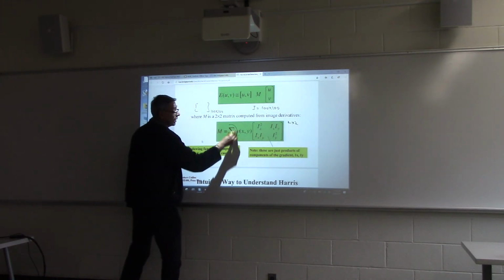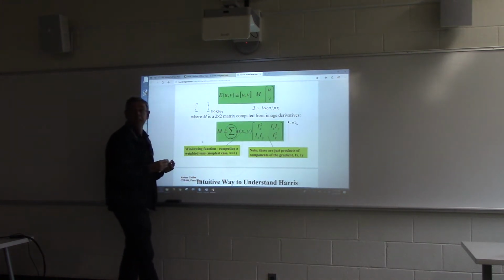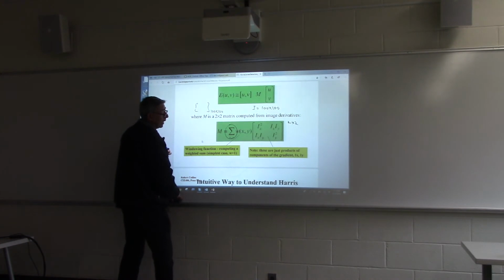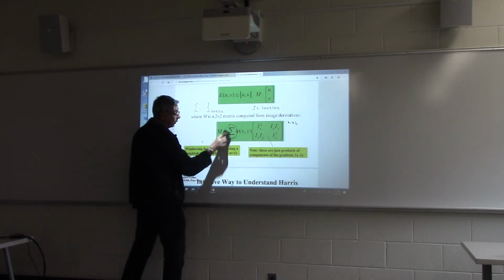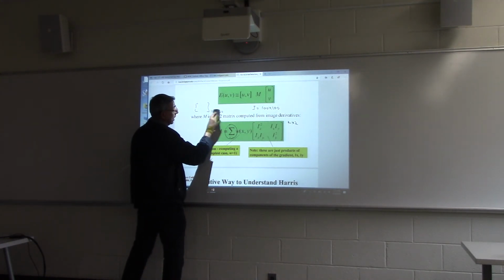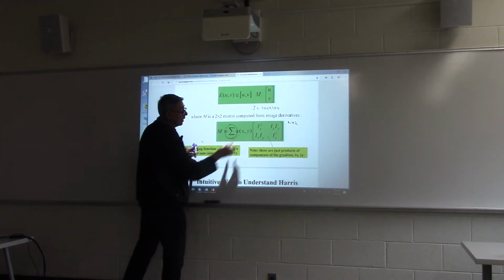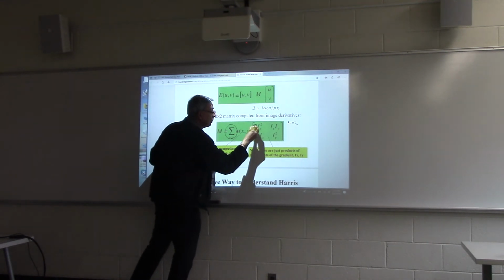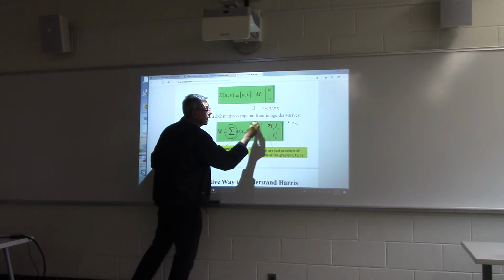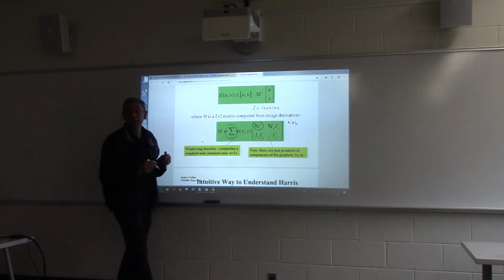Because if you take a look, this is a summation over the entire window. So X, Y within that window, so this could be a 10 by 10 window or 5 by 5, but anyway, what I'm trying to say is there's a summation over here. So in the end, this is basically a single number.